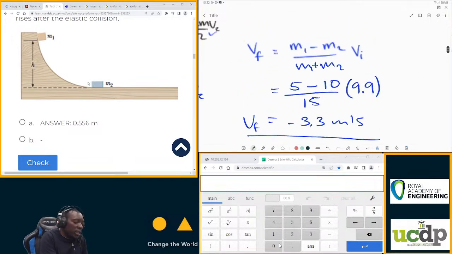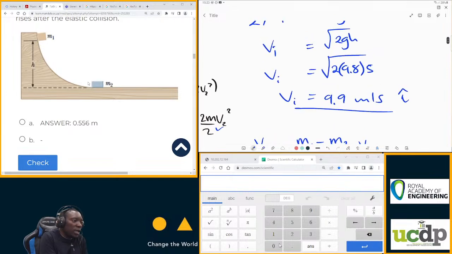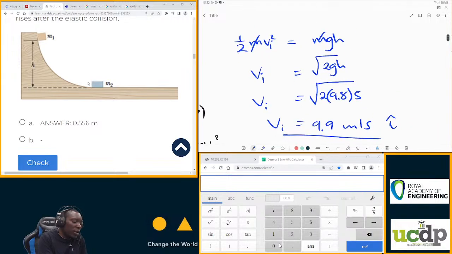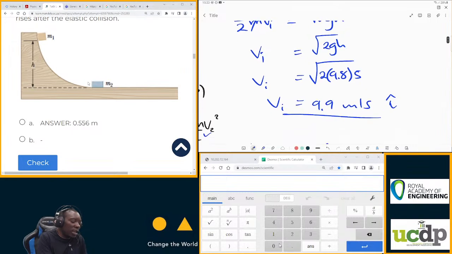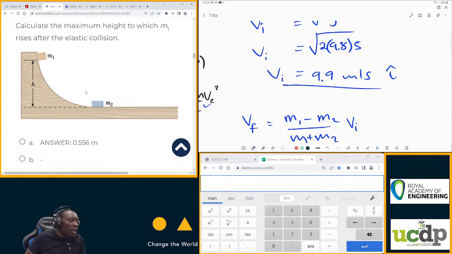So what is important is to first find the velocity with which the block M1 reaches the flat surface of the track. We used conservation of energy, where all the potential energy is converted to kinetic energy, and that enables us to find the velocity at the bottom, where the flat surface begins.